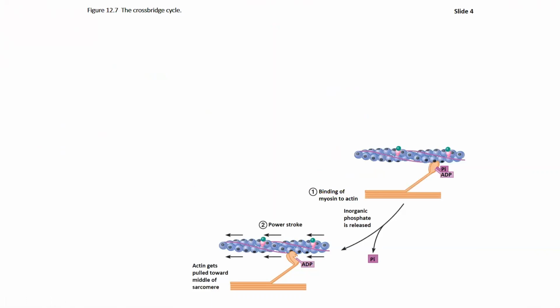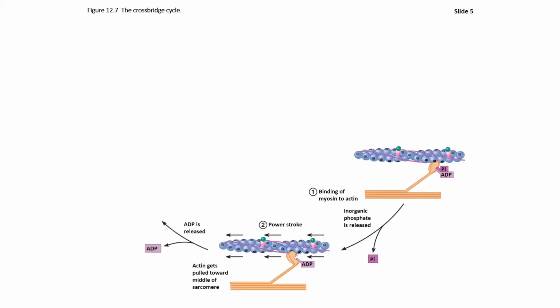Calcium comes in, it binds, it uncovers those binding sites, and that's how myosin can interact, right? Myosin interacts with actin, that phosphate comes off, myosin drags actin towards the M line, which is the center of the sarcomere. Now, after the power stroke, after that dragging action, ADP is then released off.